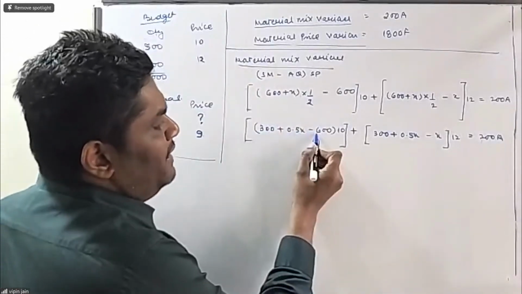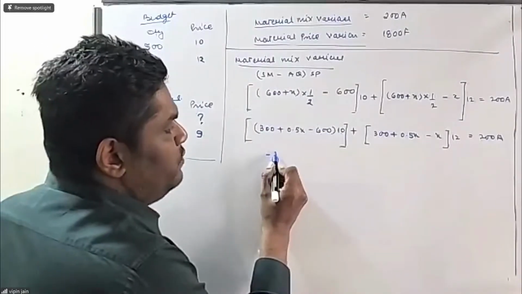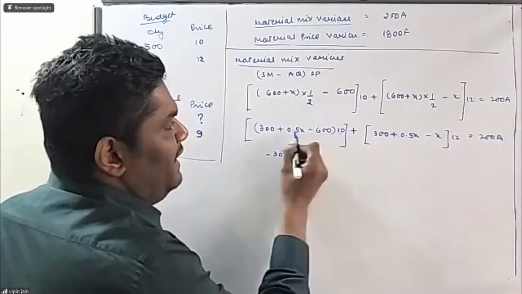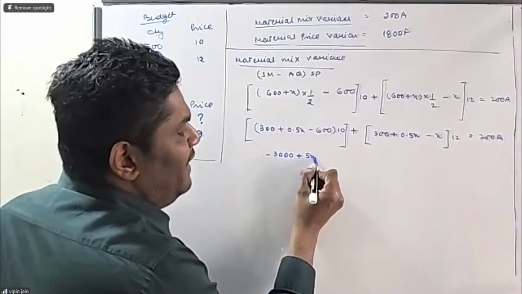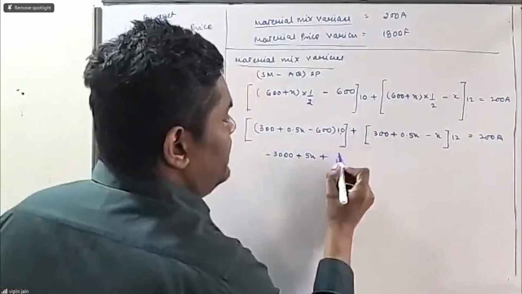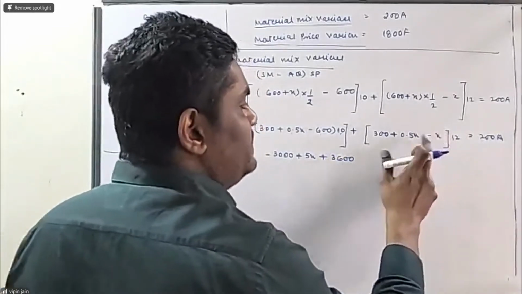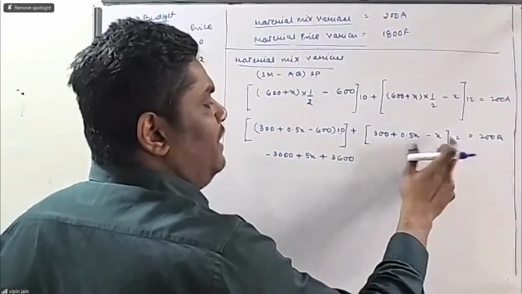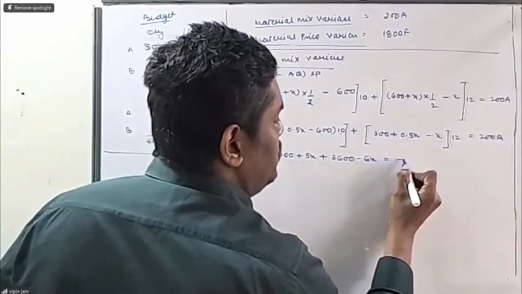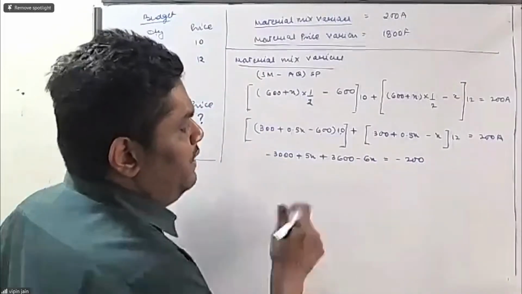So 300 minus 600, that is minus 300 into 10. This will be minus 3000, plus 10 into 0.5, that will be 5x, plus 300 into 12, this will be 3600. 0.5x minus x is minus 0.5x, minus 0.5x into 12. This will be minus 6x and this should be minus 200. 200 adverse means minus 200.